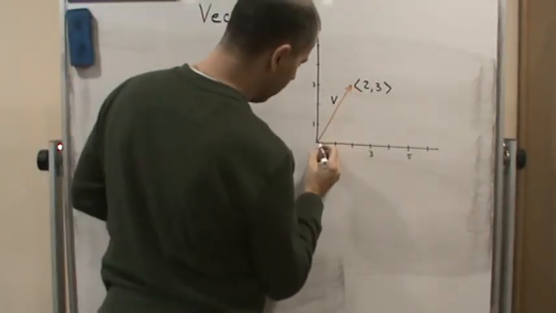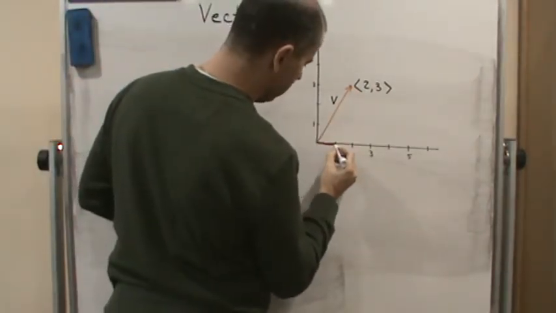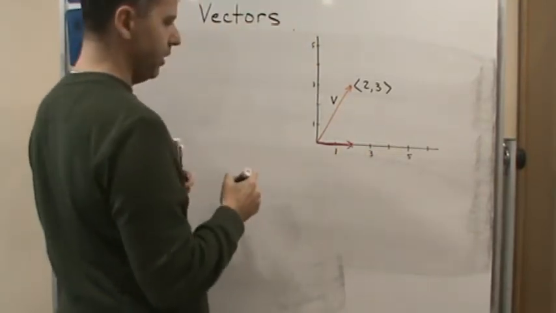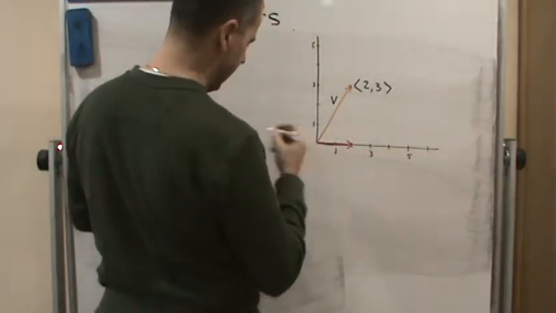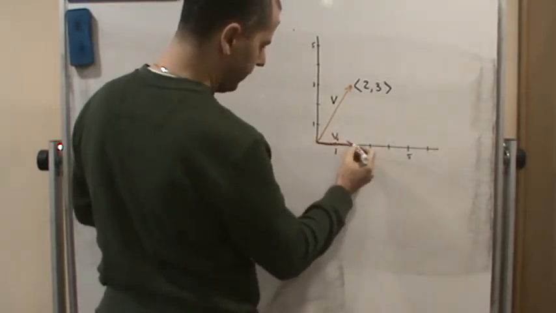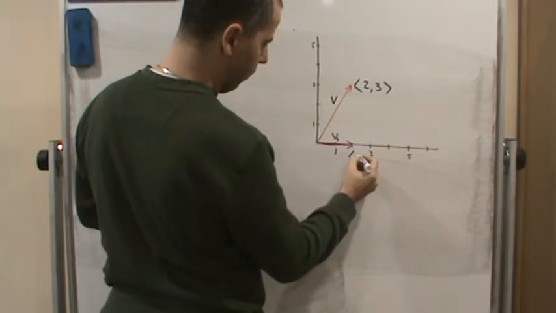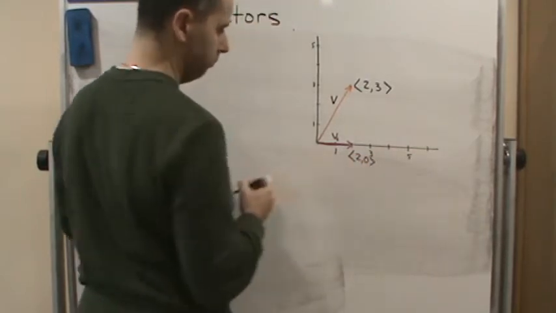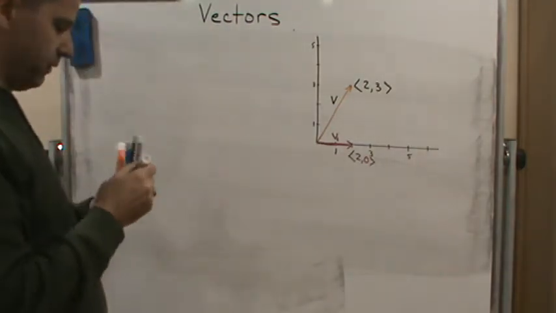So we can add this here to the 2. This is going to represent V1, and it's going to be 2, 0. That's going to be its position vector.